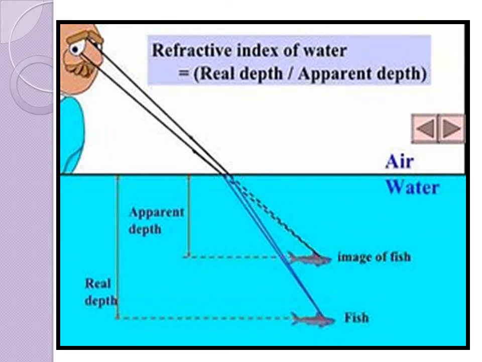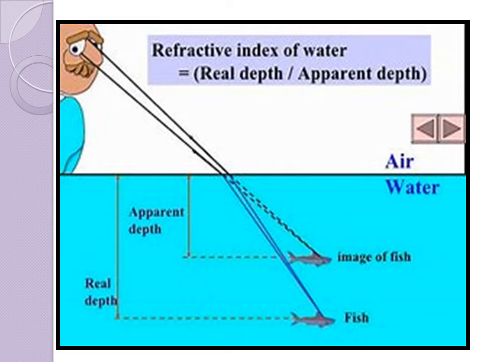In this picture, you can see the refractive index of water is equal to the real depth upon apparent depth. Suppose the refractive index of glass is n with respect to air, it will have this value when light enters the glass from air.